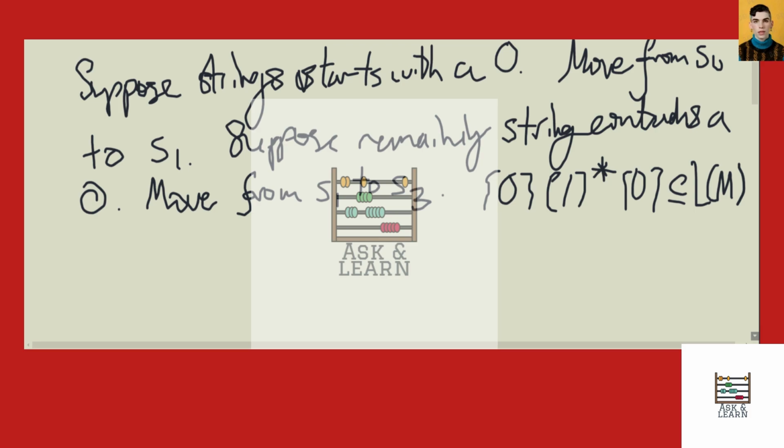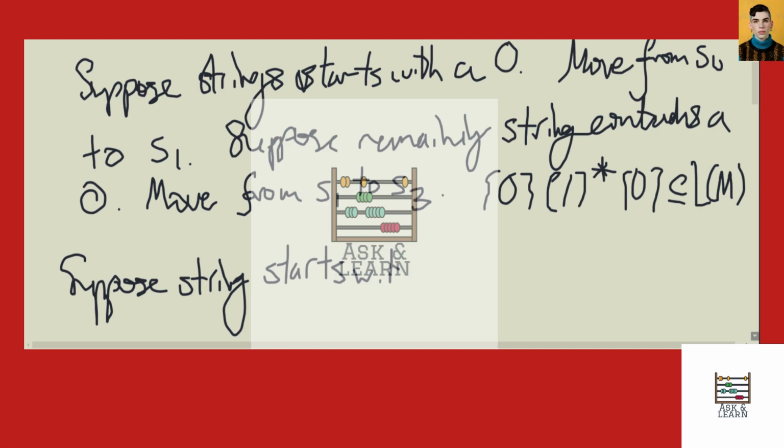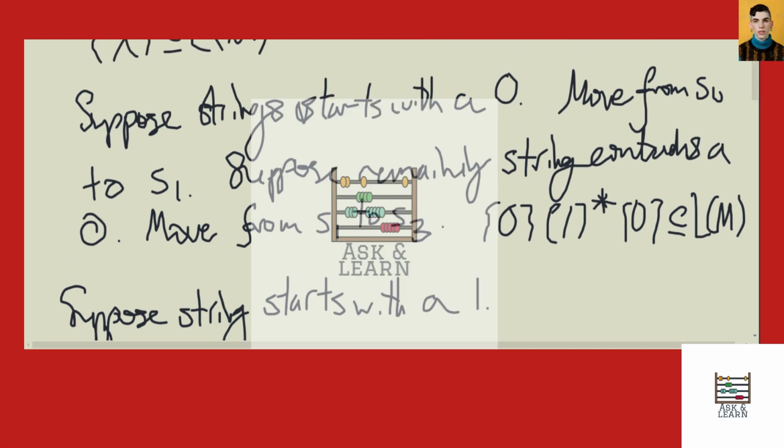Now, let's suppose that instead of starting with a 0, we start with a 1. Then, according to the graph, we're going to move from S0 to S2.